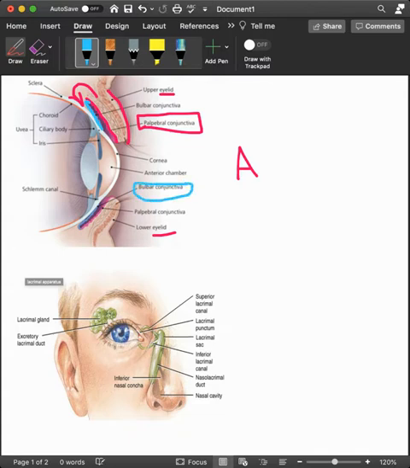So, two different types of conjunctiva. They kind of just make like a little loop. Okay. So here you would have the palpebral conjunctiva and then the bulbar conjunctiva. Okay. And this would be the eye, and this would be eyelashes.